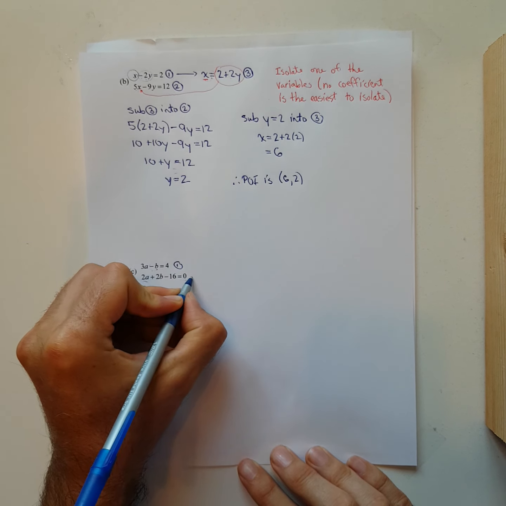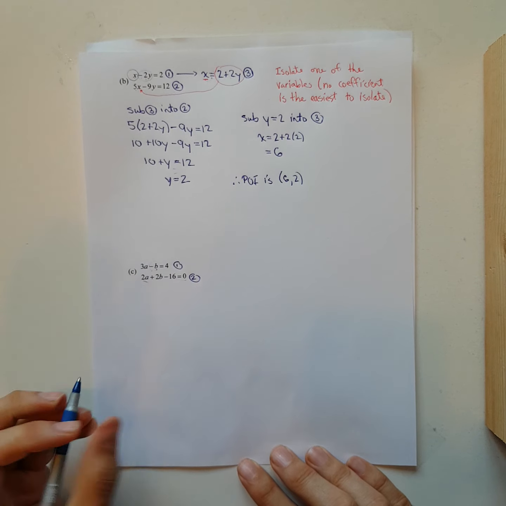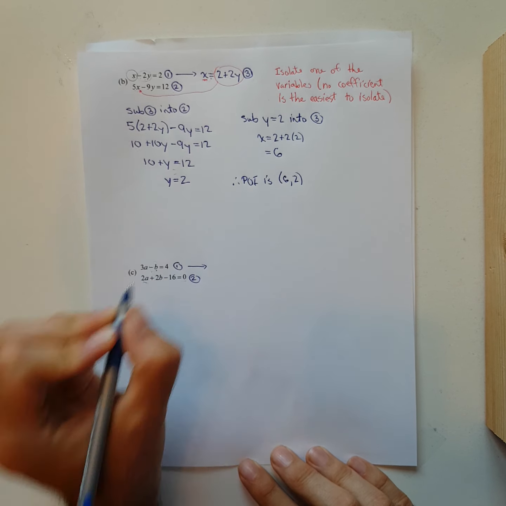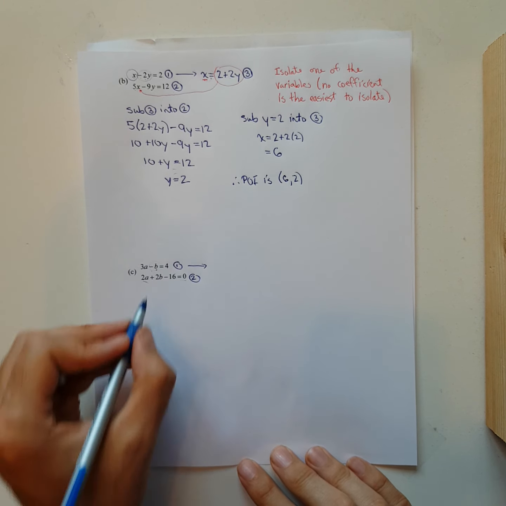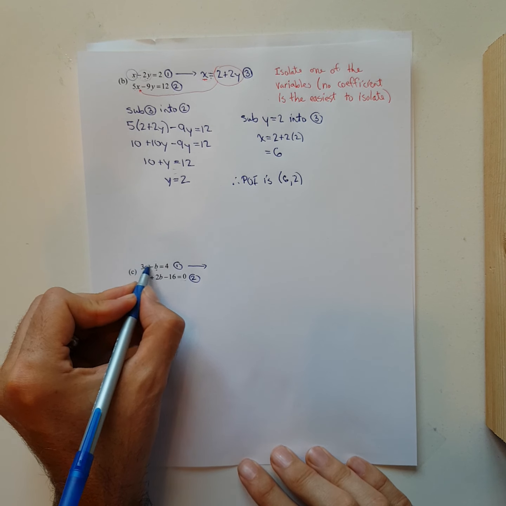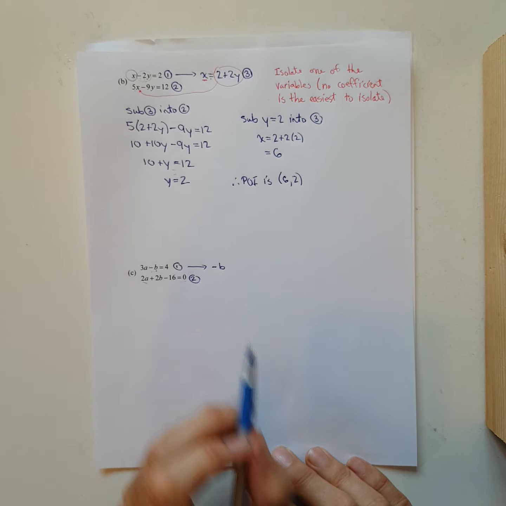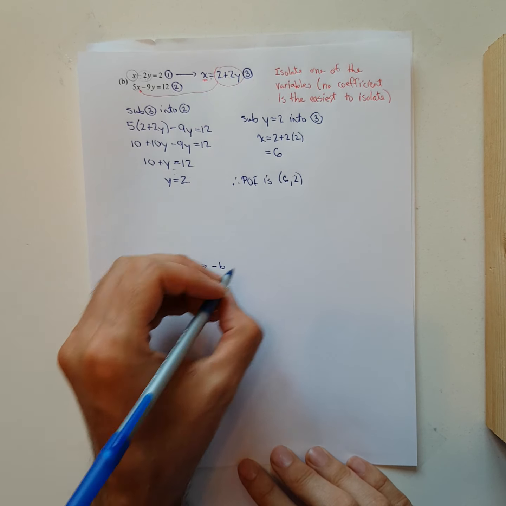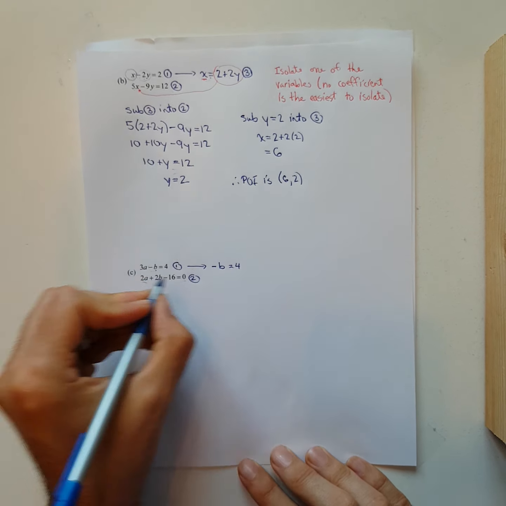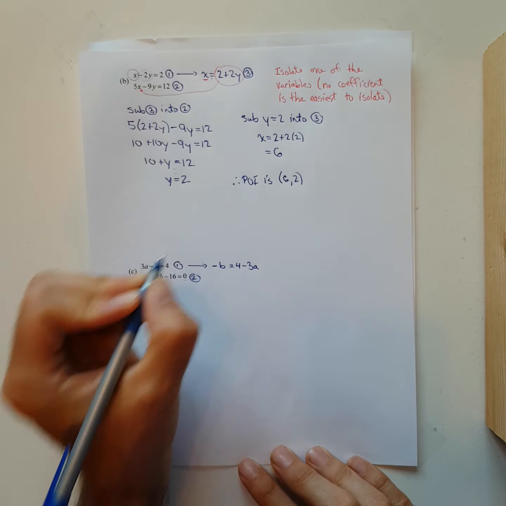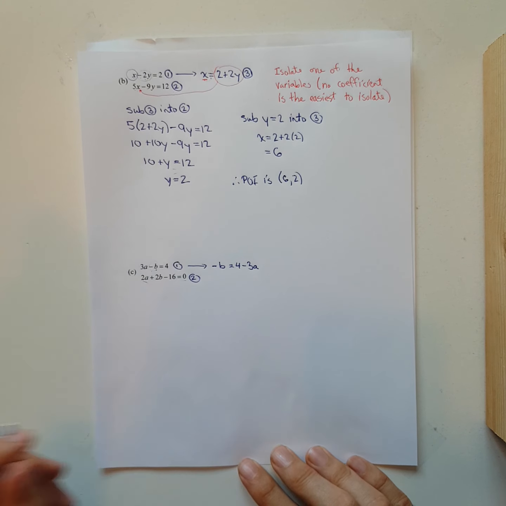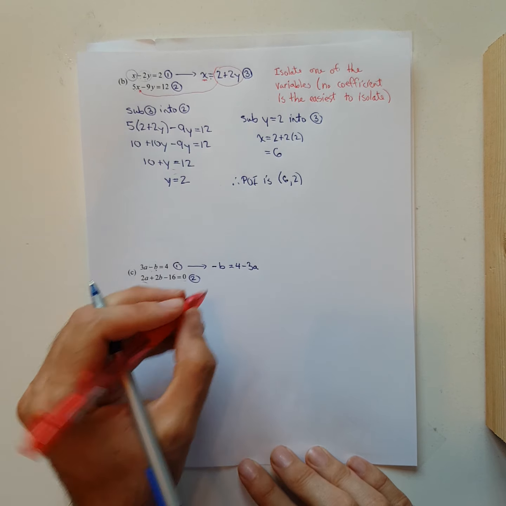I start by numbering my two equations, 1 and 2. If I need to isolate a variable, I just put a little arrow to the side and I start isolating. I need to get rid of the 3a. That means I would be left with negative b, so we do need to be careful. Negative b, and I would have then 4 minus 3a. My b is not isolated yet. I still do need to get rid of that negative.